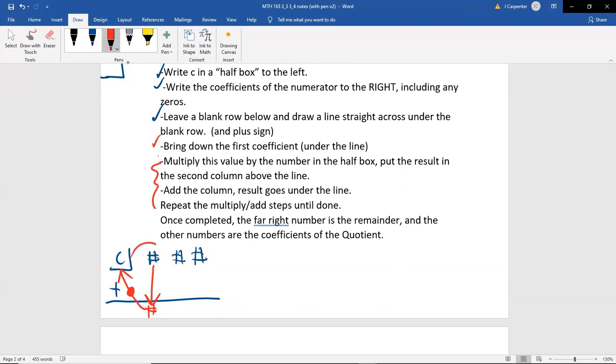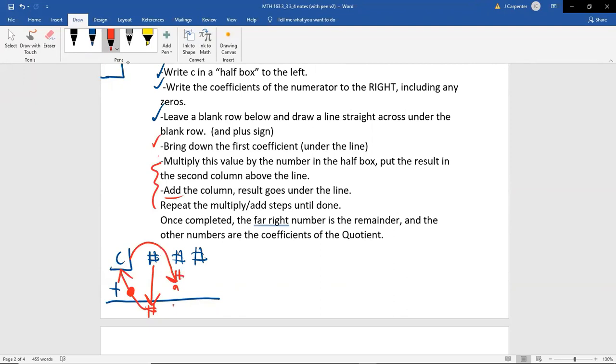Then that result is going to go in the blank space, but one column to the right. So it goes multiply, you put the result here, and then you add. Whatever this number here is, and whatever this other number here is, let's just say this turns into an A, you would just add these because this says to add.